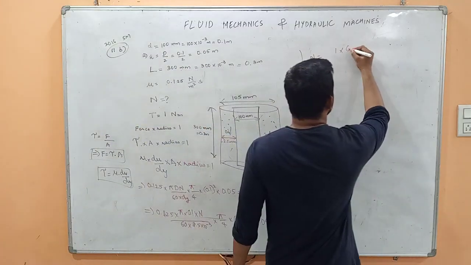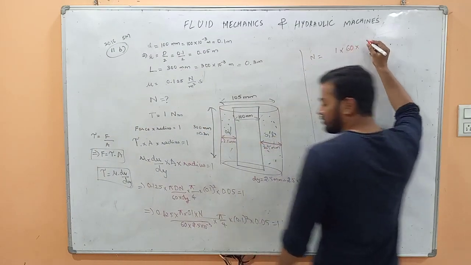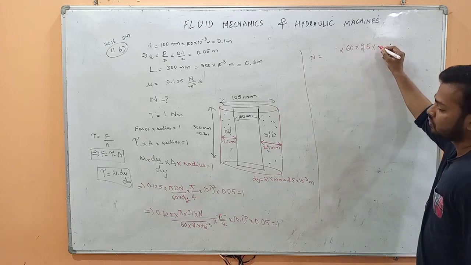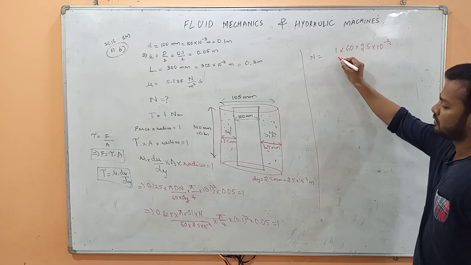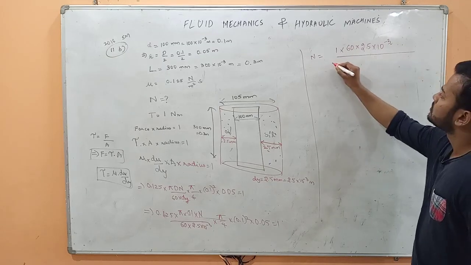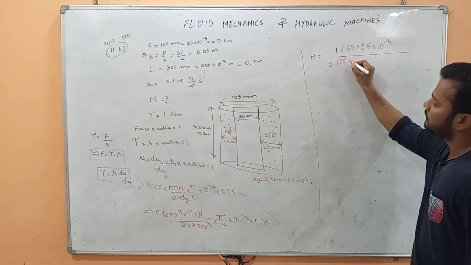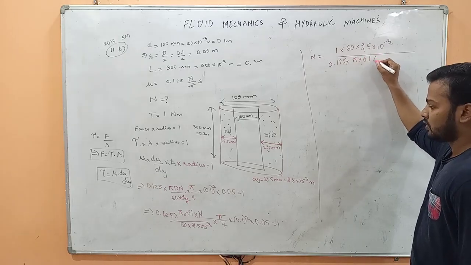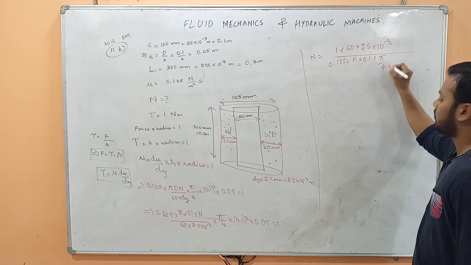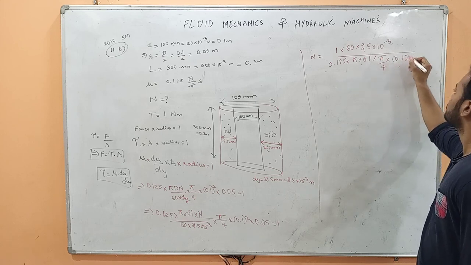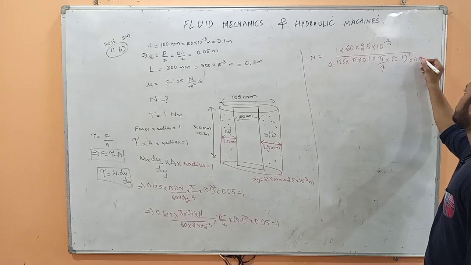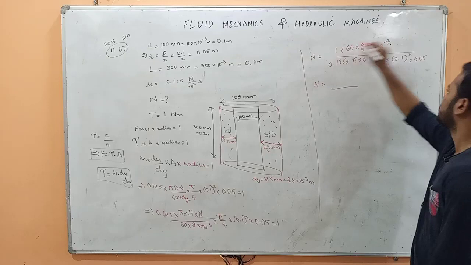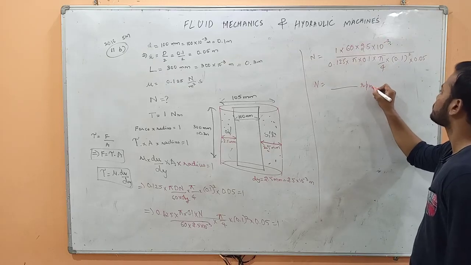So 1 into 60 into 2.5 into 10 power minus 3 divided by 0.125 into pi into 0.1 into pi by 4 into 0.1 square into 0.05. So you will get the value of n. If you substitute all this in the calculator, that will be in terms of RPM.